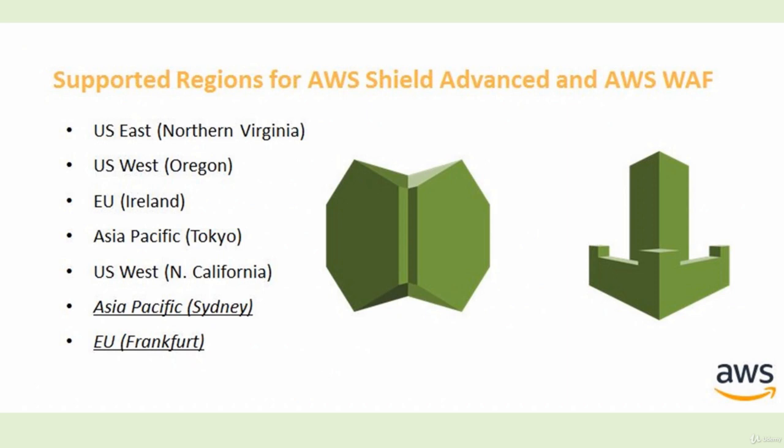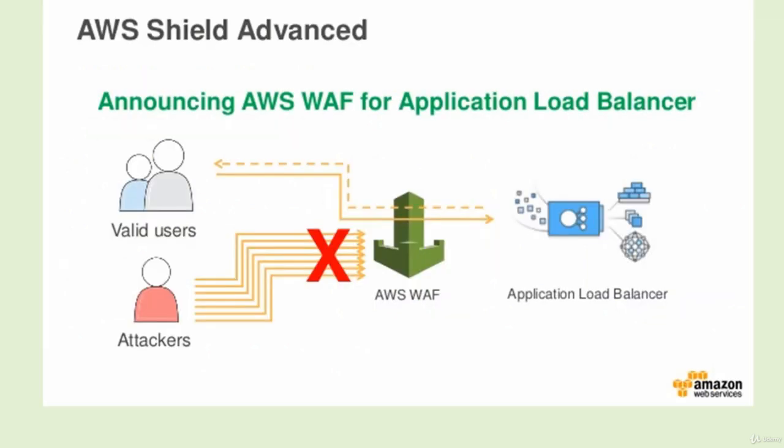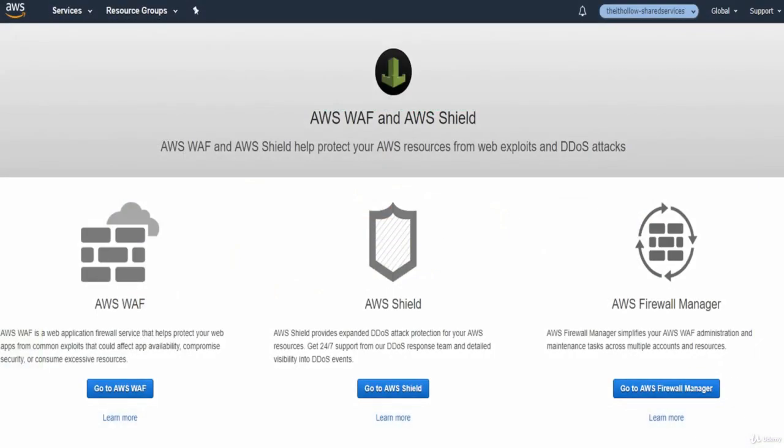These regions are supported currently, and in a later period, it will be supported in more regions. With AWS Shield Advanced protection, you get a valid user and attacker distinction, and you automatically get mapped with the application load balancer. Obviously, it will cost you a much higher amount.